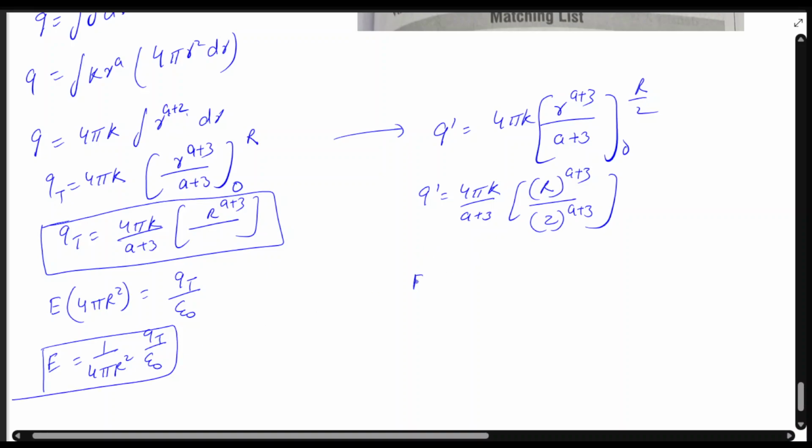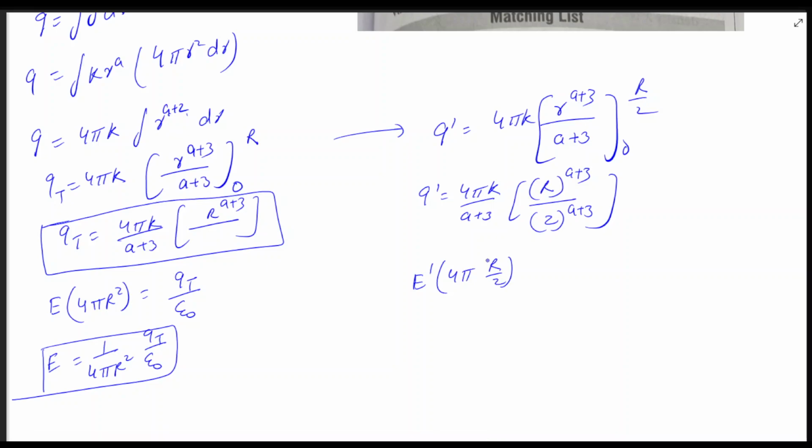And from here we will get E dash into 4π(R by 2) whole square will be Q dash by epsilon naught. So E dash will be simply, 4 will get cancelled, Q dash upon πR² epsilon naught, right?